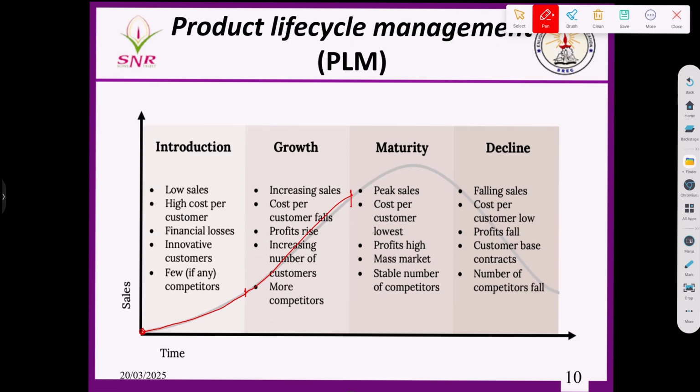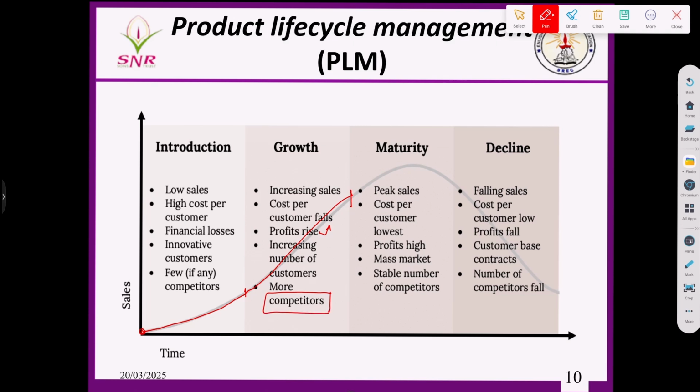Here the sales will be increasing, the cost of the product will go drastically down, we have a good profit rise, the number of customers will be more, and obviously when the product is doing well at the customer's end, we will have a lot of competitors coming up.